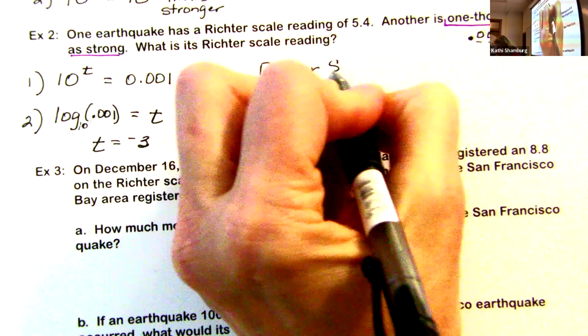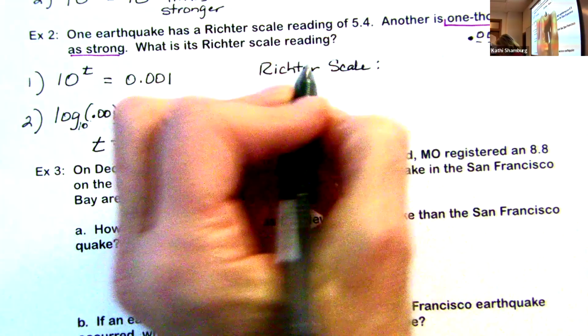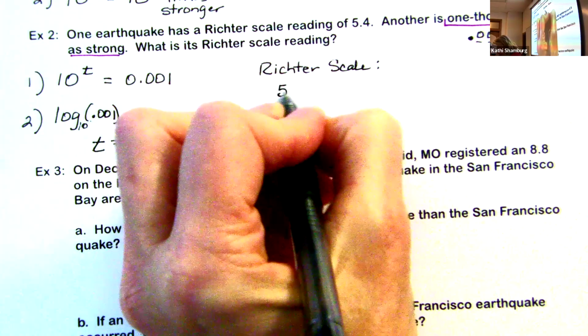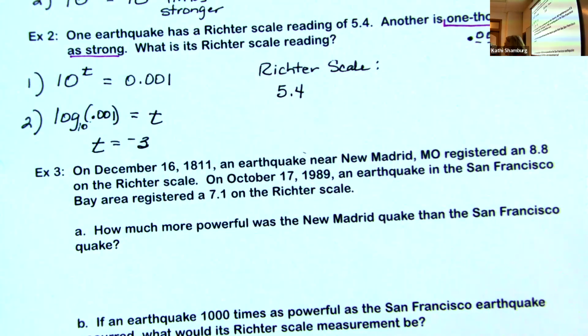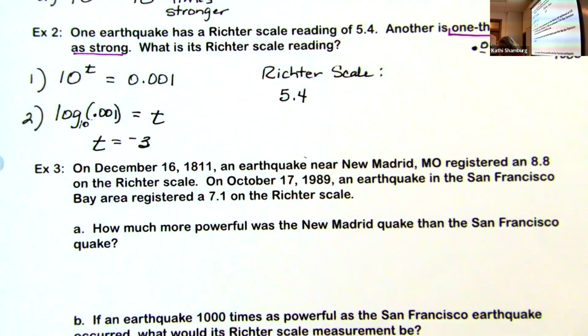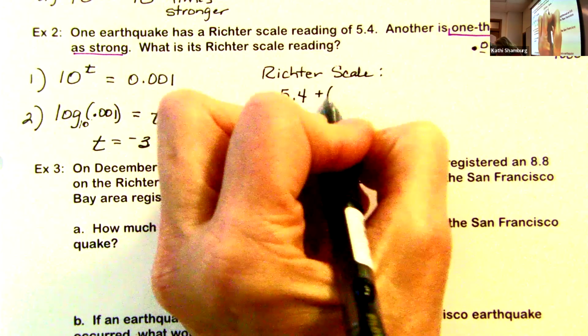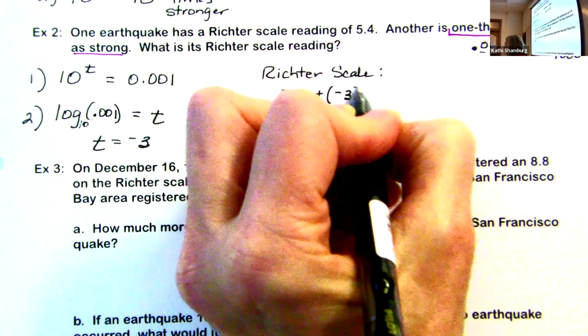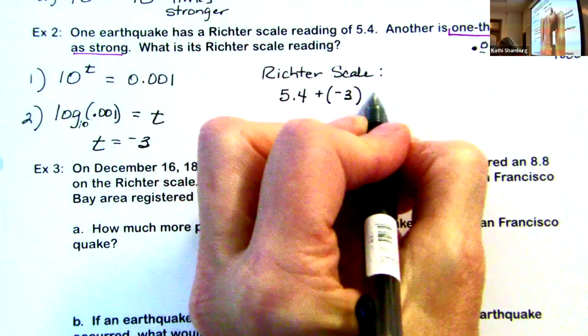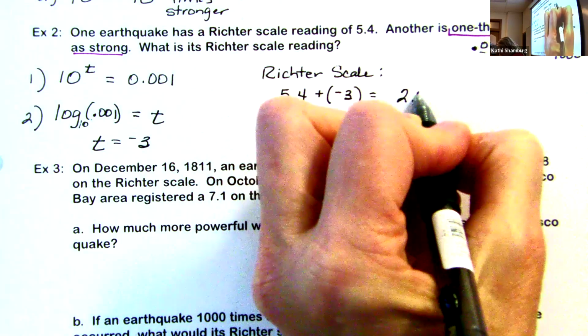So I don't know if that was helpful or not. Let me show you. We have 5.4 is the one earthquake. And we're going to add that to the exponent of the other earthquake, which gives me 2.4.